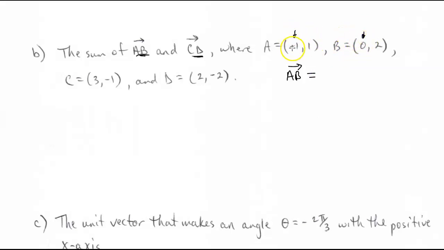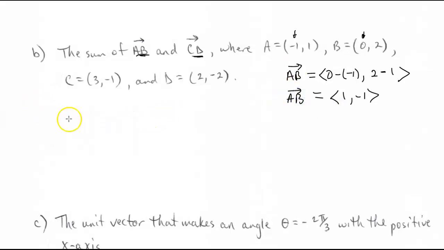So 0 minus -1 will give us a +1. And 2 minus 1 will give us 1 as a result. I do need to fix that and write it in this form. So this will just be <1, 1>.